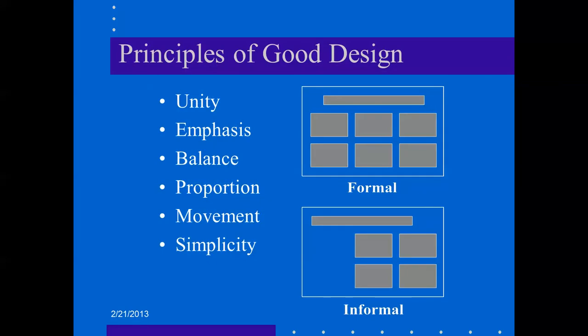And the last principle of good design is simplicity. Mies van der Rohe said that less is more. And so when you keep things simple, then people aren't looking all over for their information.